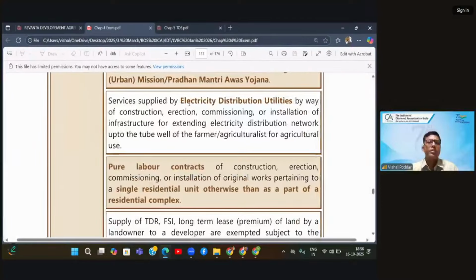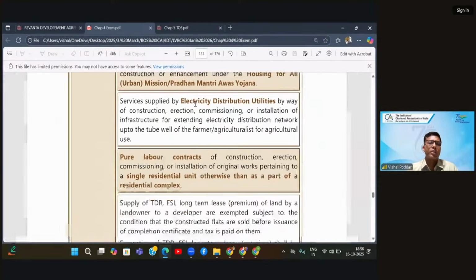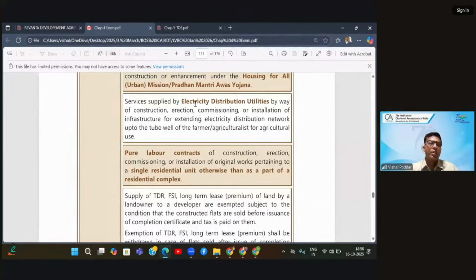Then services supplied by electricity distribution utilities. What are they? Let us say you have farmland and you want the electricity company to provide an electricity connection up to your farmland so that you can run the tube well.